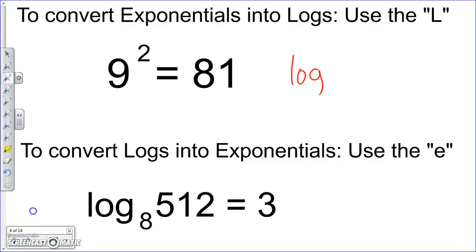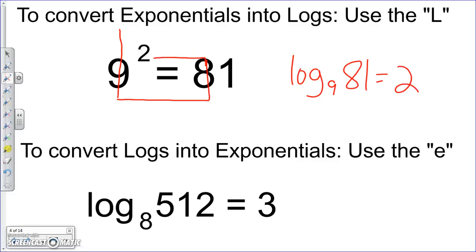So I'm going to draw a big ol' L. So log base 9, that's where I cross first, of 81 is going to equal 2. Now see how I drew a big L? So log base 9 of 81 equals 2, okay?